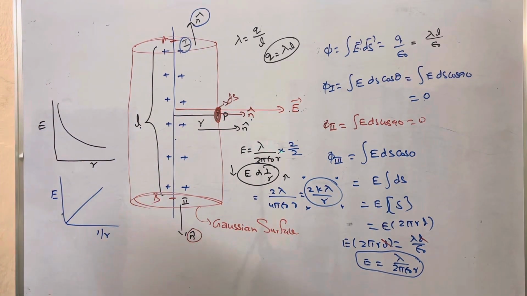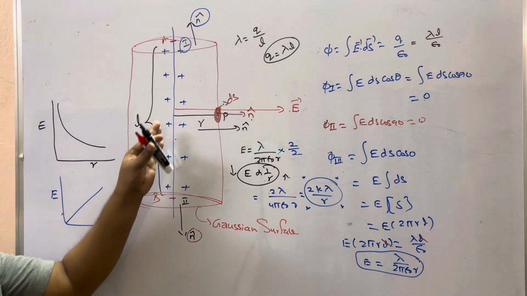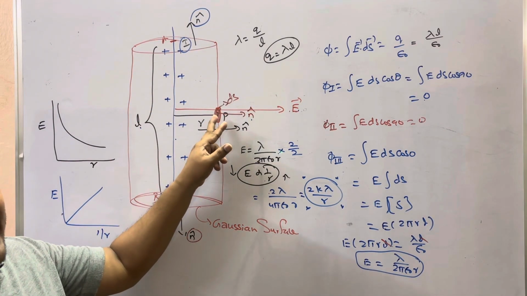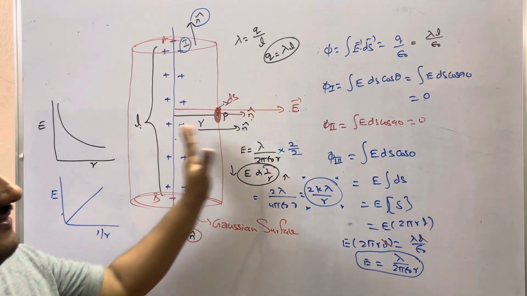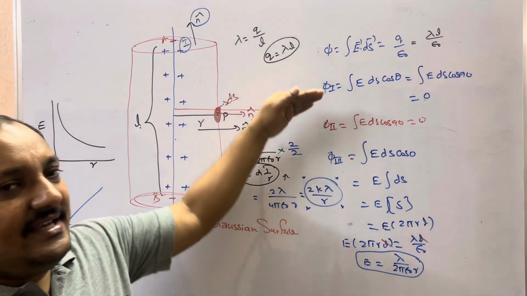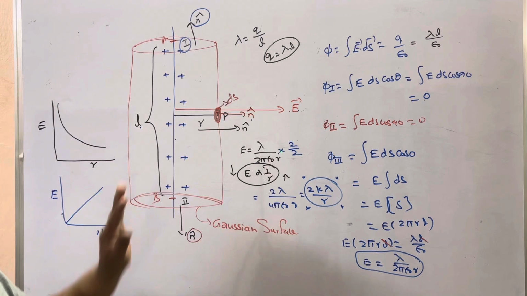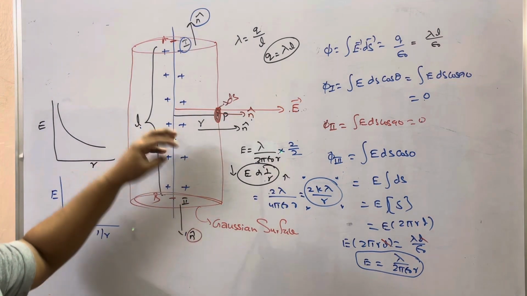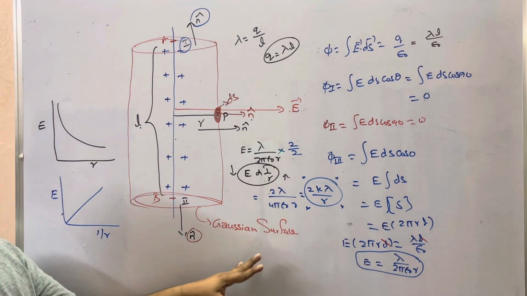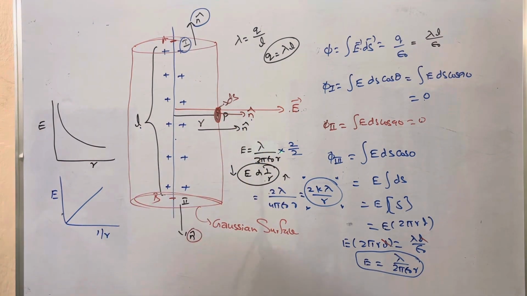So this is the electric field intensity due to an infinite charged wire at some distance. It varies inversely proportional to distance, so if you increase the distance, the electric field intensity decreases. How they are going to ask problems on this, we will see later. So this is about the electric field due to an infinite charged wire.